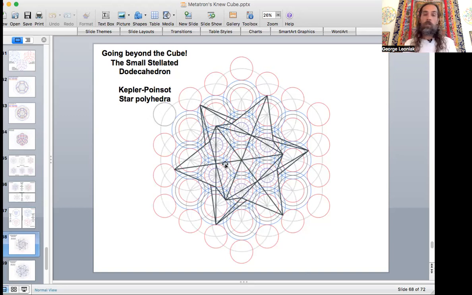I know when I got into it, they were like, whoa, what are these? These are the Kepler points. So these are regular star polyhedra. They have to be based on pentagon stars in the phi proportion, which means you need dodecahedron and icosahedron symmetry to express itself through our pattern language.